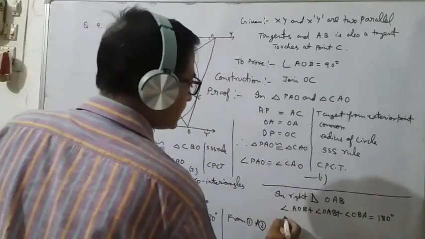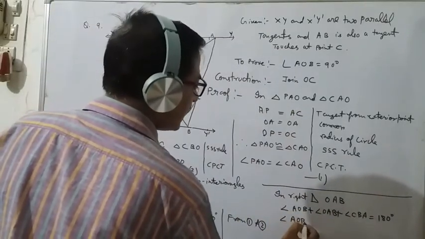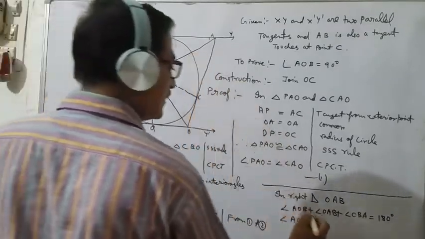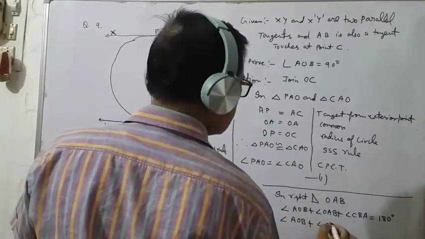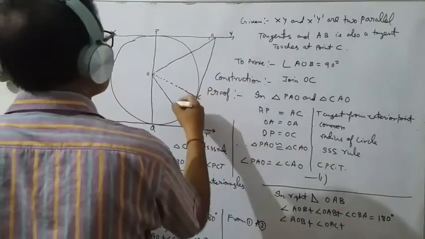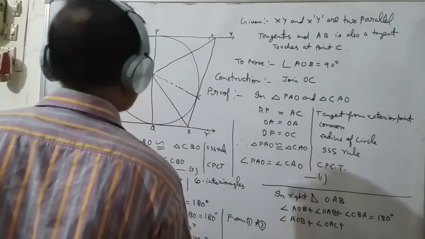Okay. And students, angle OAB represents the same angle as angle OAC, that we can write as angle OAC. Both are represented. OBA, the same angle is what? Angle OBC. Yeah, angle CBO.